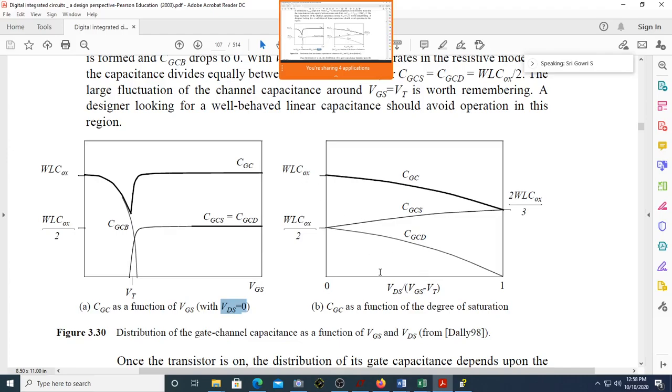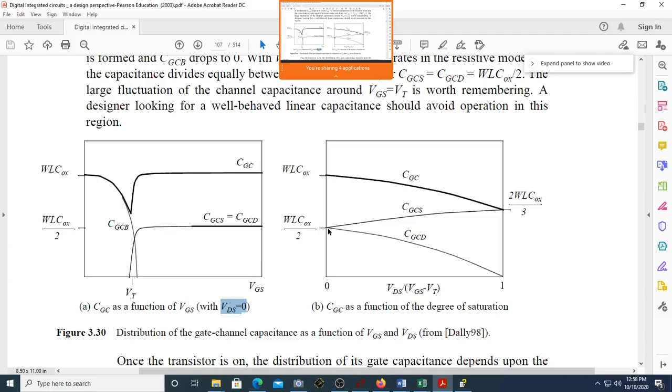If this ratio is 0, that is when VDS is 0, both of them contribute the same. CGCS and CGCD are both half of W by L into Cox.